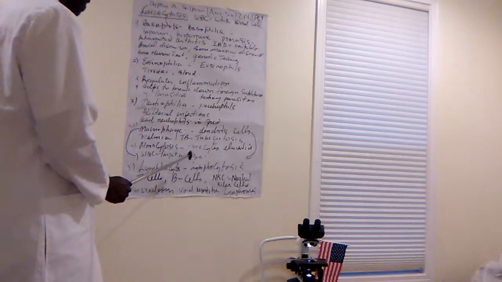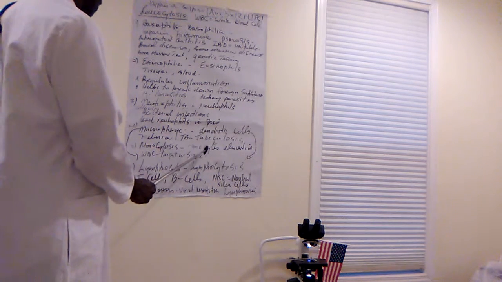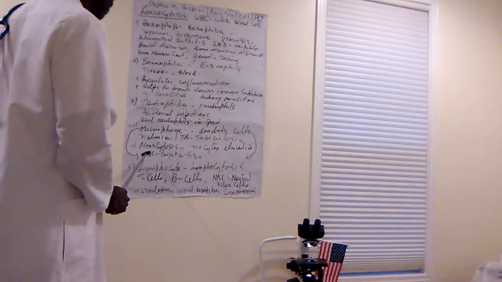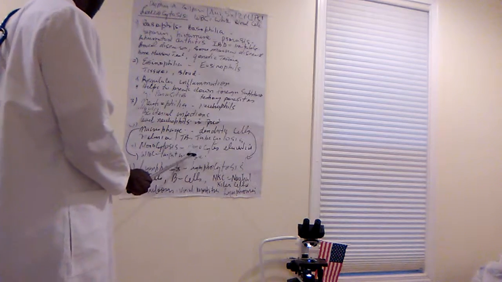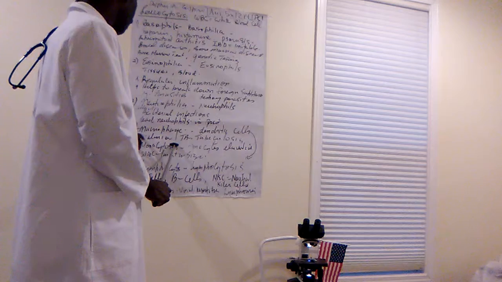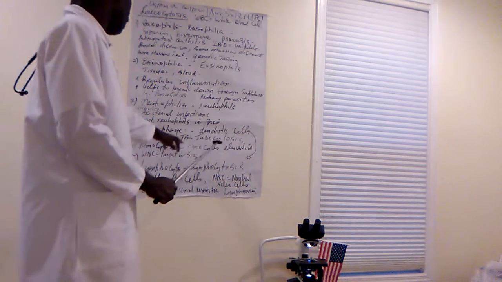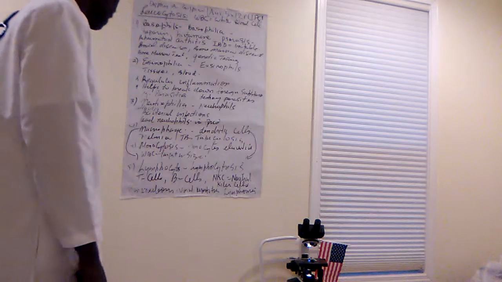Fourth would be the monocytes, or monocytosis, which is another form of leukocytosis, an elevation in the leukocyte count, and specifically the monocytes. These white blood cells are the largest in size, and they differentiate into macrophage monocyte cells or dendritic monocyte cells.